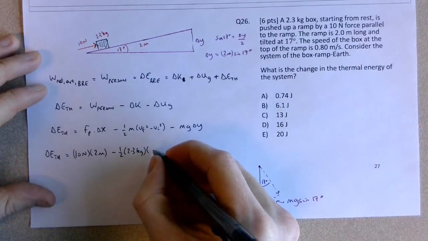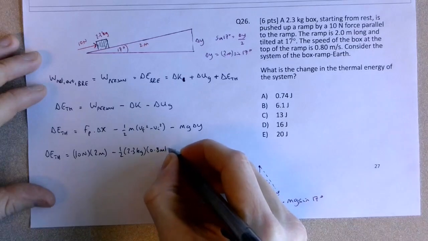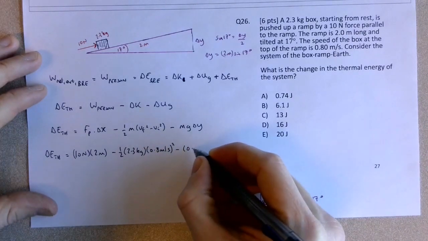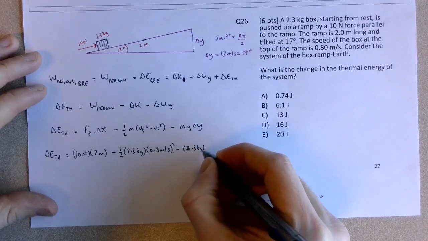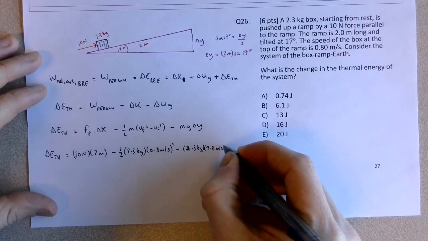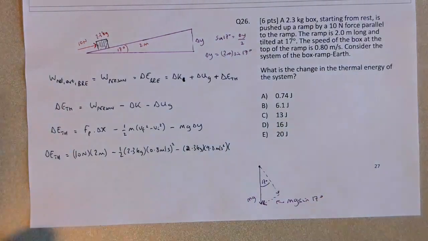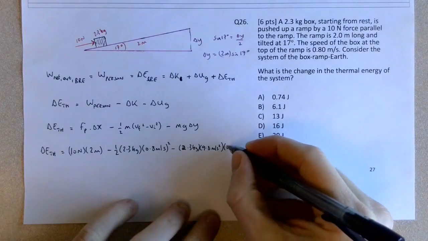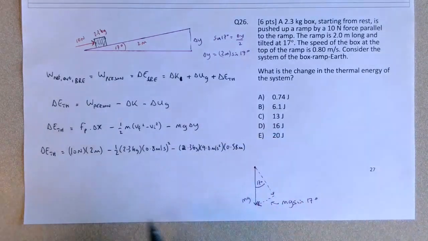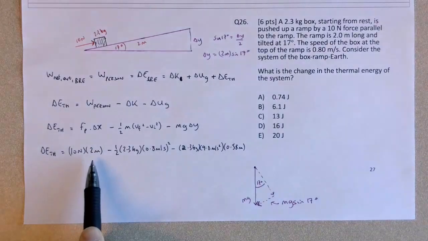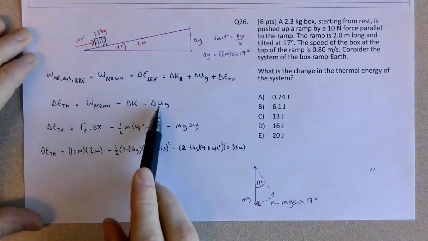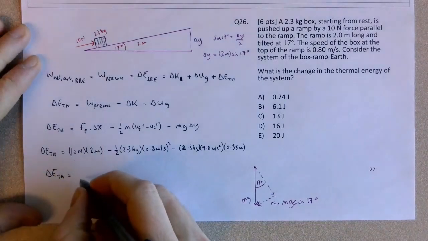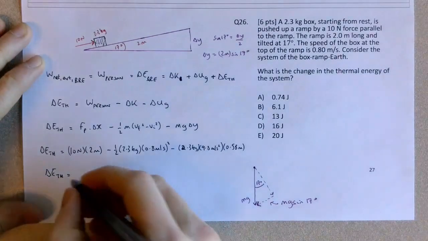I just need to worry about the final speed, v_f squared, minus again the mass of the block, 2.3, times 9.8 meters per second squared, and delta y is going to be 0.58 meters. So we've got the work done by the hand, subtracting the delta K and the delta G, and the delta E thermal works out to be 6.1 joules.